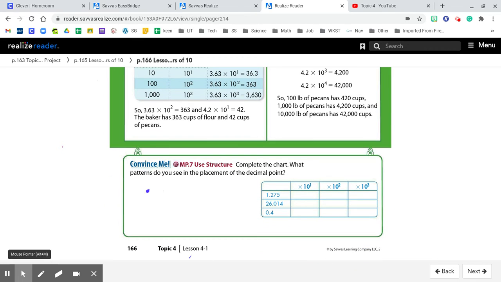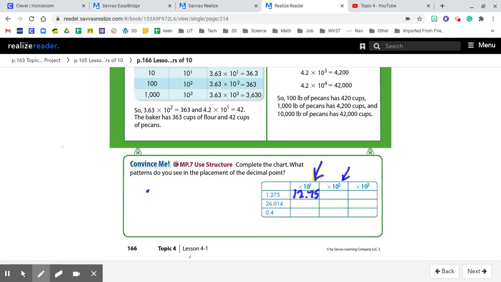And at the bottom, we're going to fill out the chart here, completing the chart using what we just learned. So 10 to the first power, get rid of that yellow, that's hard to see. 10 to the first power is going to move the decimal one place. So my 1.275 becomes 12.75. 10 to the second power moves my decimal 2 places.